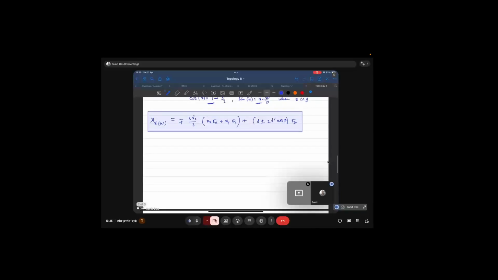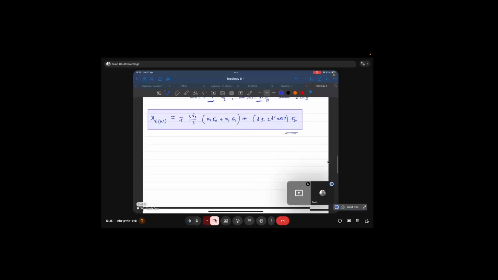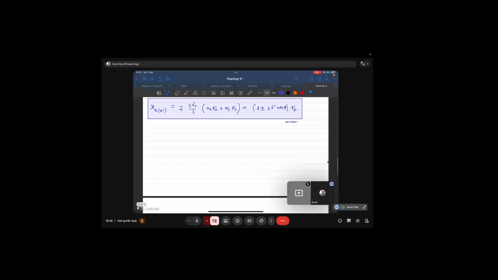And this is a gapped graphene model because sigma z is there, so the spectrum will be gapped. If the part associated with the sigma z is not there, then this part is essentially just linear in momentum, right? So it will look like something like this. But the moment you have sigma z, your band starts looking like this. So there is some finite gap.